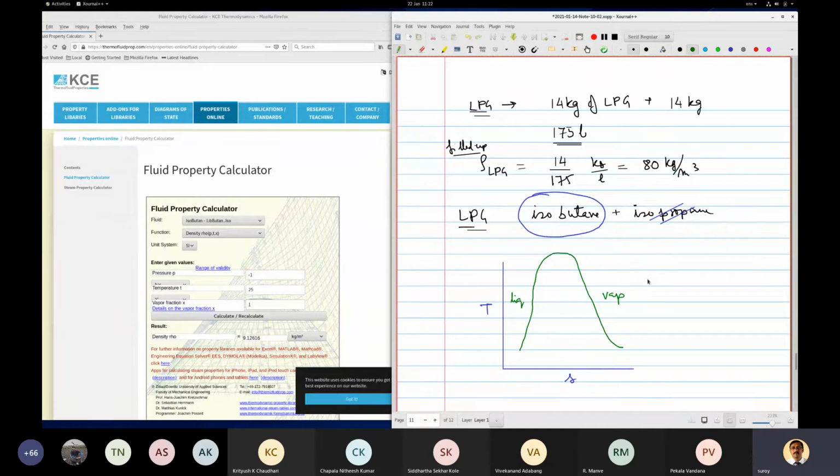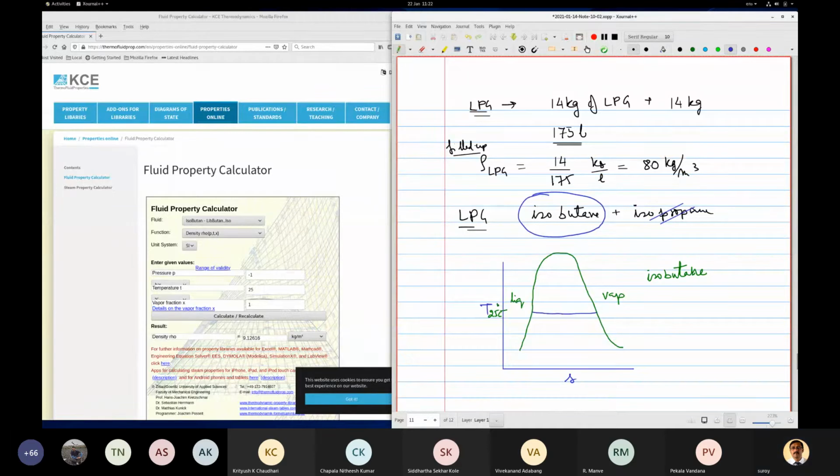So isobutane, right? Isobutane, vapor, liquid plus vapor. Now, what is the temperature? Temperature is, say, 25 degrees centigrade.